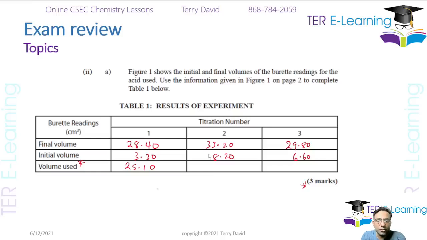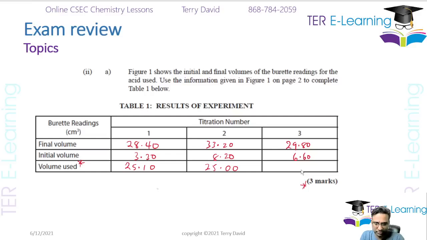To get the volume used for each of the titrations, we just do a subtraction. So 33.2 minus 8.2, and in this case I'm getting 25.00. And then the last one, 29.8 minus 6.6, I'm going to get 23.29.